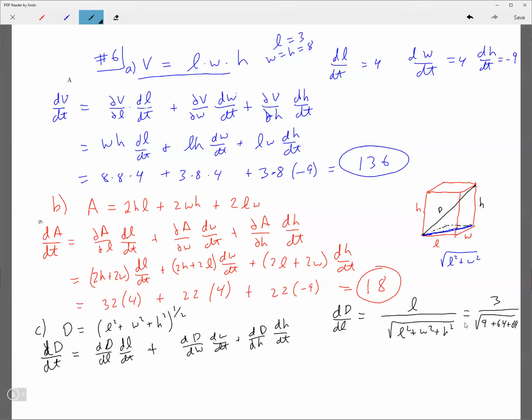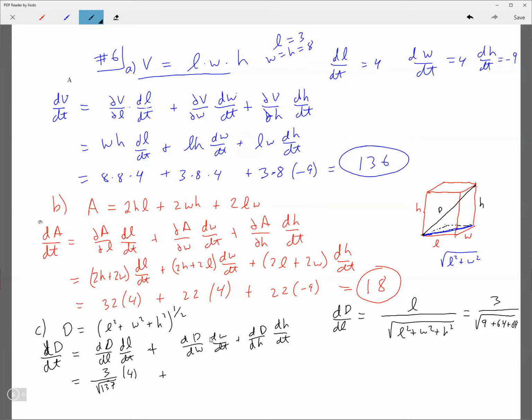Okay, so what the heck is that? 137. Yeah. Is that prime? Okay, so this is 3 over the square root of 137. And then dL dt is 4. So that's 4.